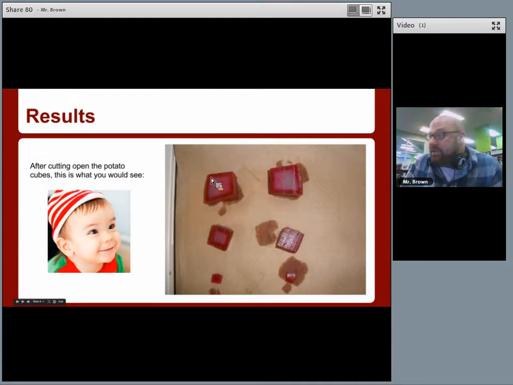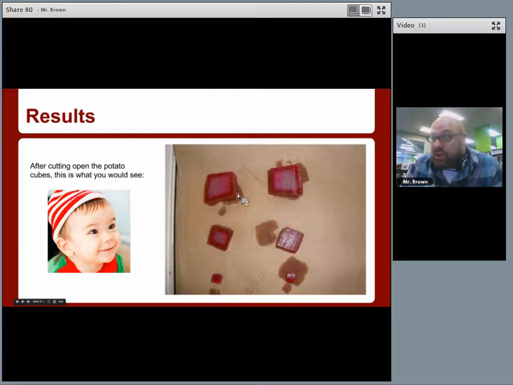So just look at the dark red. You can see the smallest piece went pretty much all the way through, and then not quite as far in the second piece. You can't really see because there's a glare there, but on the third piece, even less.